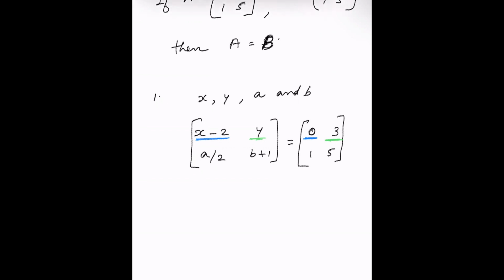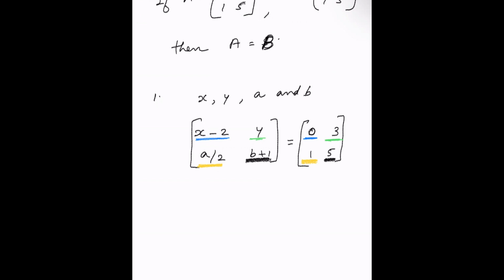Now, the next one is first element of the second row of the first matrix is equal to first element of the second row of the second matrix. Now, in the last one, last element is equal to last element of the second matrix.